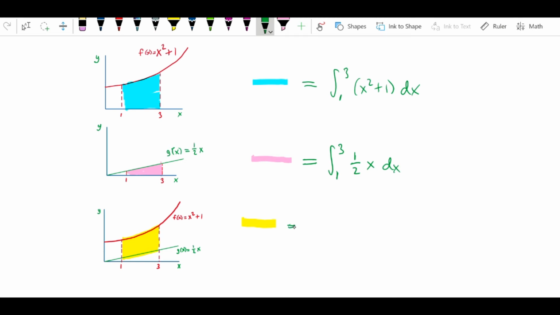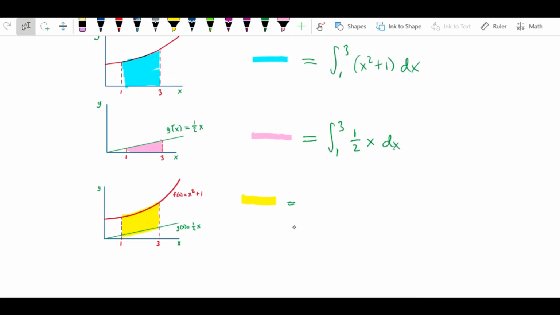So we can subtract them. This is going to be equal to the integral from 1 to 3 of x squared plus 1 dx minus the integral from 1 to 3 of 1/2 x dx.